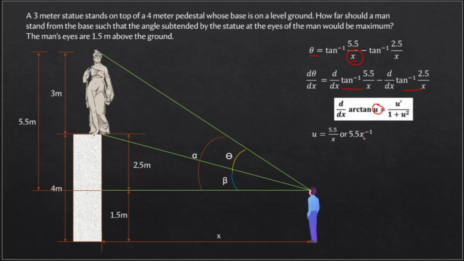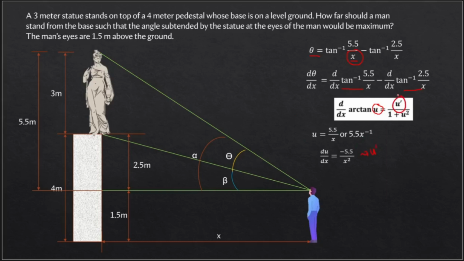And then x to the negative 1, let's subtract 1 from the exponent. Negative 1 minus 1, that would be negative 2. Therefore, our derivative would be negative 5.5x to the negative 2. But we can bring it down. Since we have a negative exponent, we can bring it down. So this would be negative 5.5 divided by x squared. And so this is our u prime.